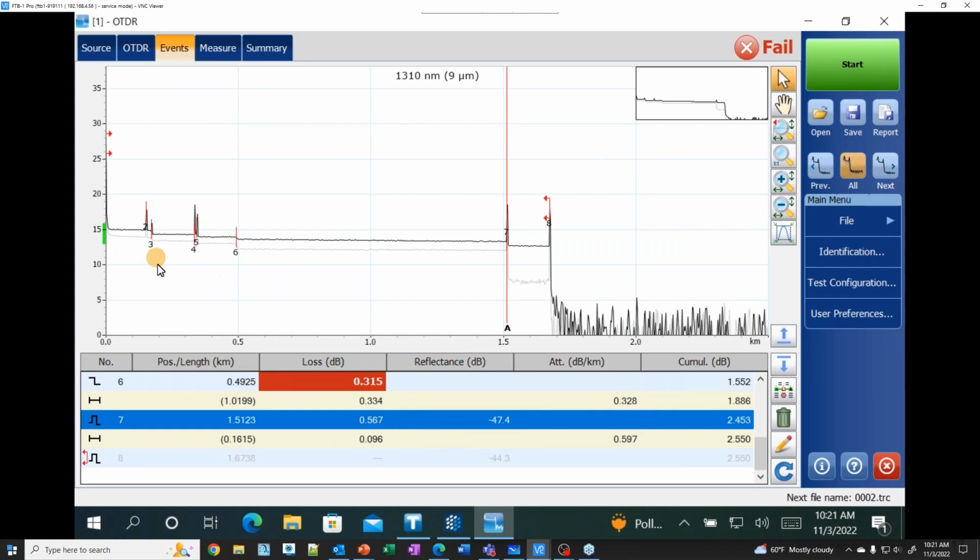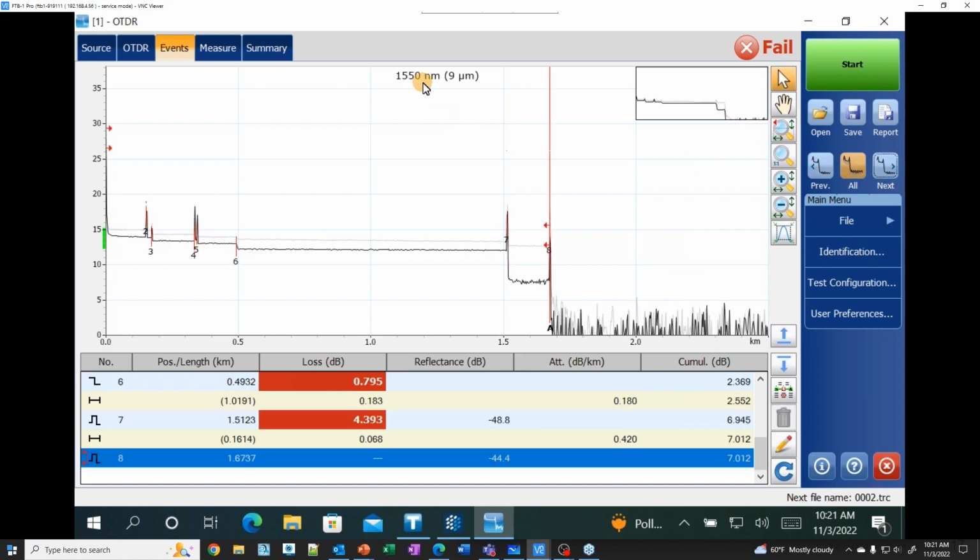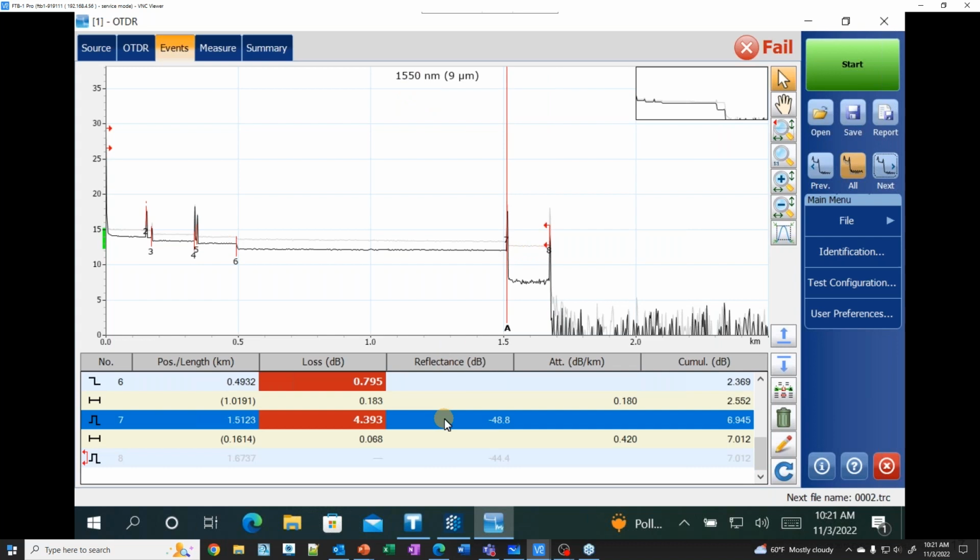But now you go ahead and change the equipment on the ends, and now you have C-band stuff, you have DWDM, you're using bidirectional transceivers where one direction has a longer wavelength. If I switch this to 1550 now, that same connector is 4.3 dB of loss. So we gained over 4 dB of loss from that pinch in the fiber, but it only affected our longer wavelengths. This is critically important to understand.